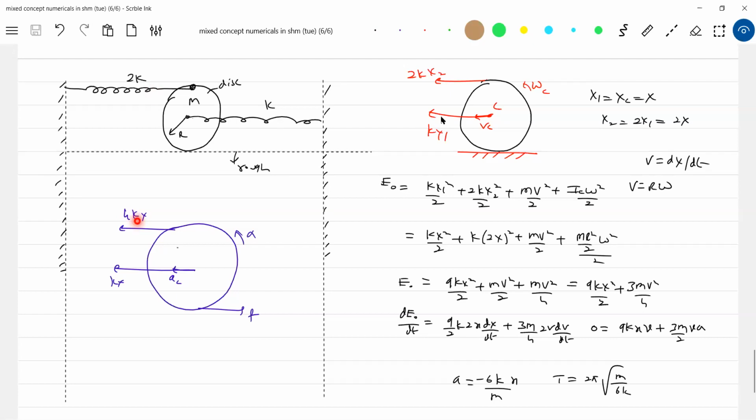Getting the idea? So the friction will act here. If you just slightly displace and release, it is going to roll like this, and the springs will remain horizontal. All this condition is like this. You do get plenty of good questions on the rolling idea. You should be very careful.